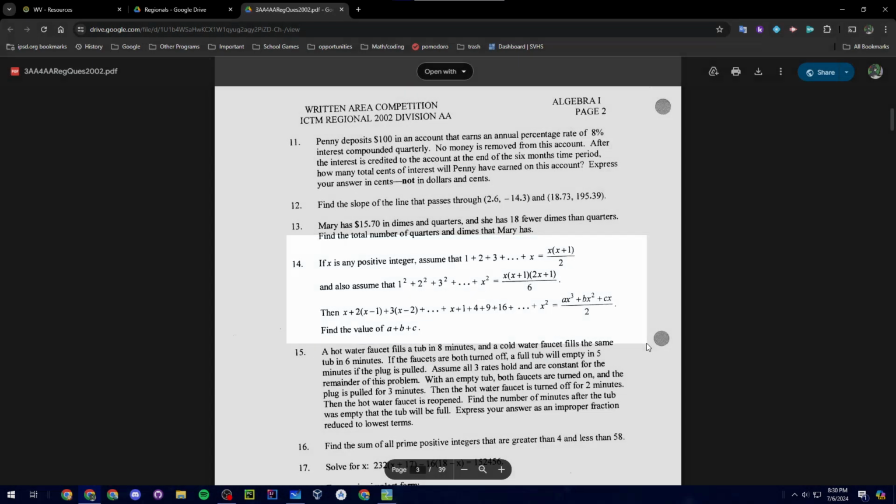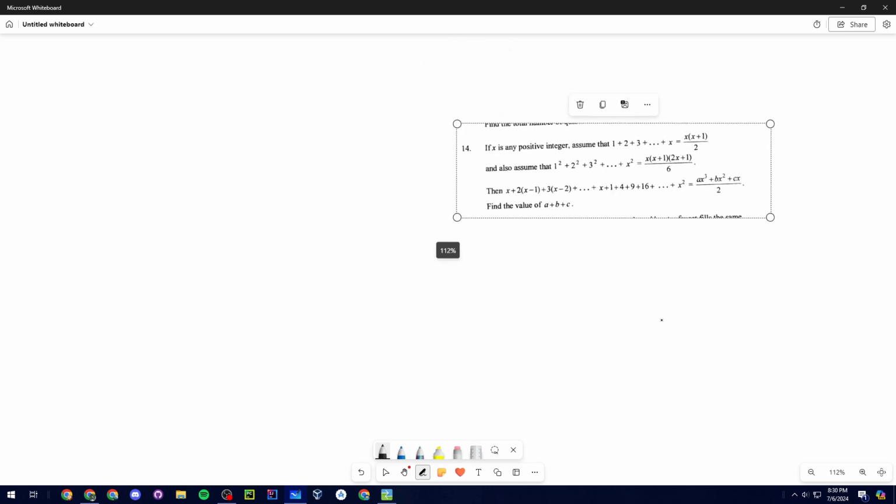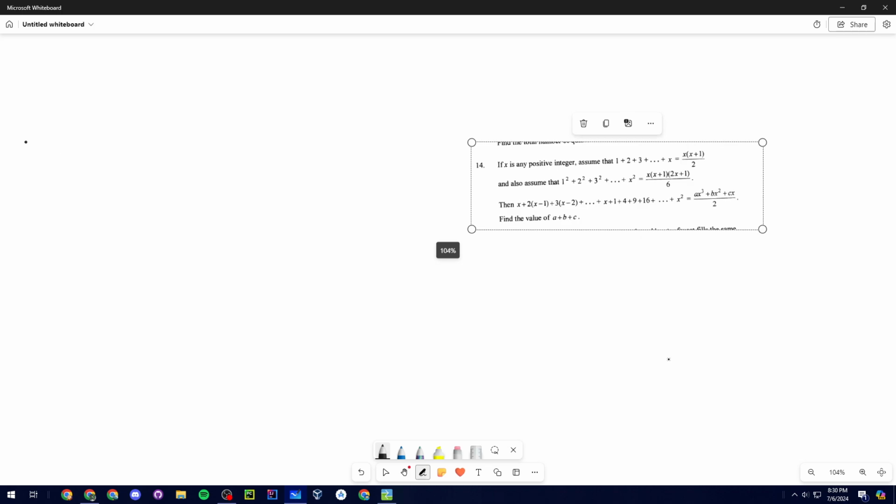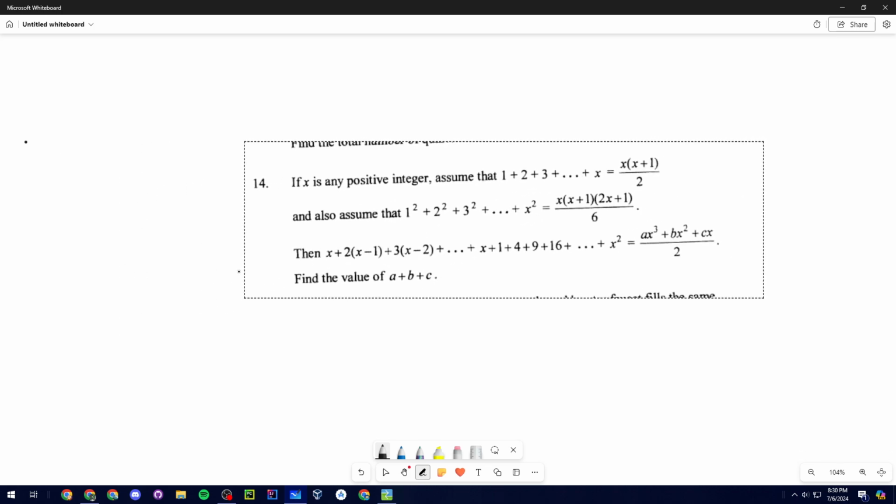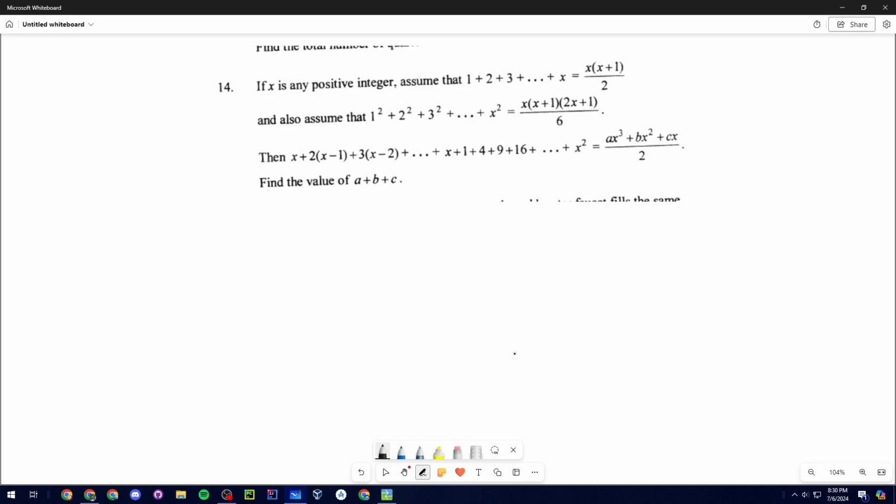Wow. This one looks long, but I think it's just a definition. First one's just the definition of the sum, which is fair. Sum of squares is just that.